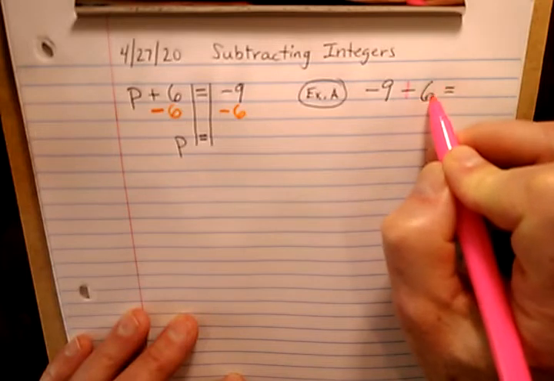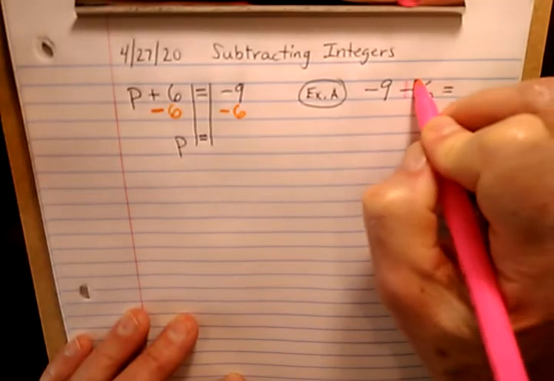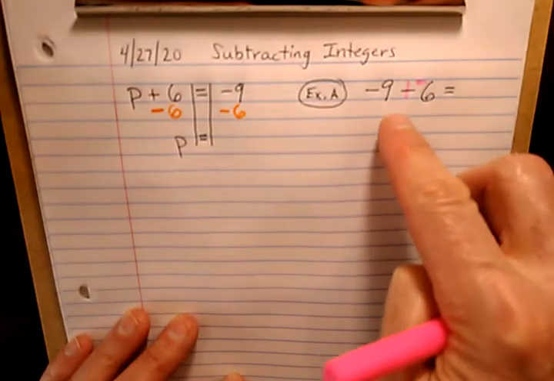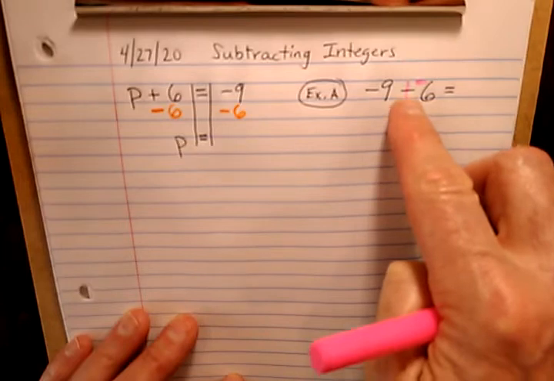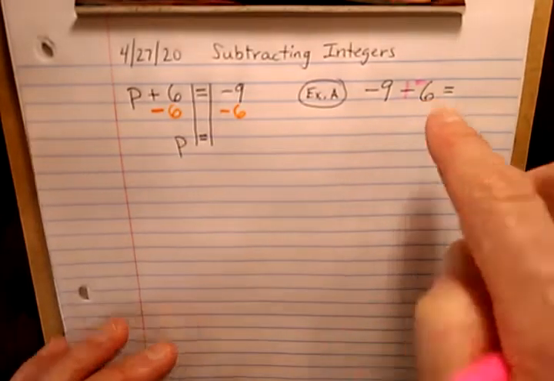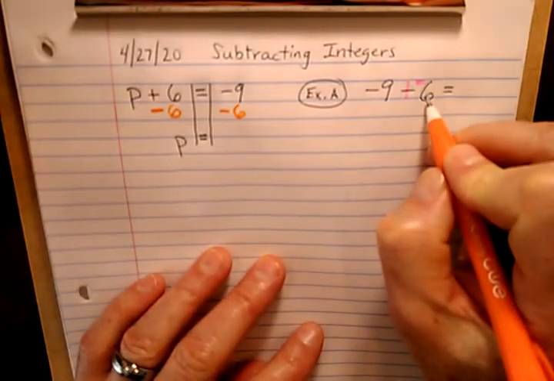Right now the sign of this 6 is positive, so we draw one line to make it negative. We're changing the sign. So you can see in pink I drew two lines, changing it to addition and then changing the sign of the next number. So now we have -9 plus -6.